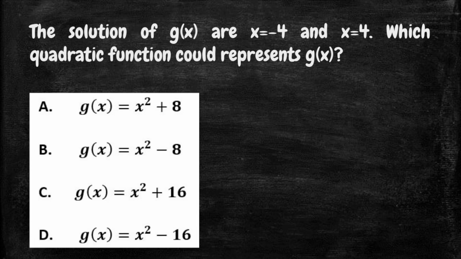So the first thing that we need to remember is that we need to take both of our zeros. In this case, one of my zeros is x equals -4, and the other one is x equals 4. What we need to do with each one of them is make them equal to 0.